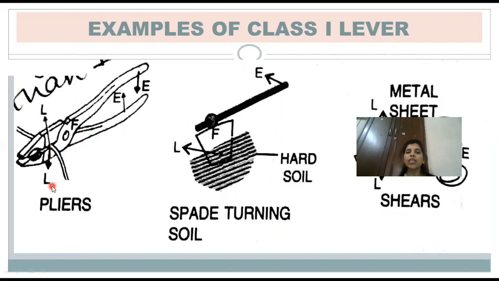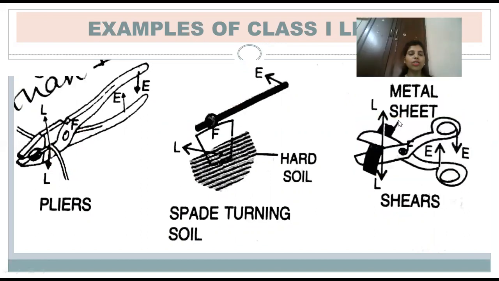So here you can see pliers. If it is asked, pliers is which type, which class of lever? Here you are going to see that the fulcrum is at the center, load is at one end and effort is at the other end. So if the fulcrum is at the center, it acts as a class 1 lever.